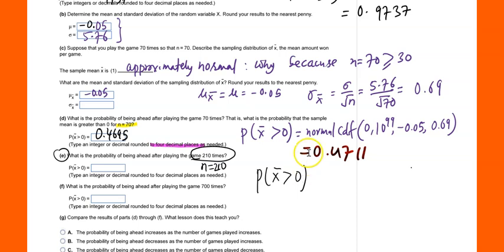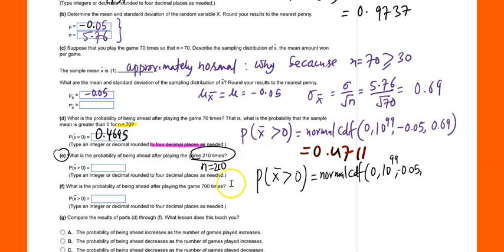Okay, but when you play 210 times, and in part D you played 70 times, now you increase the number of times to 210. What's the chance of you being ahead? You do the same thing, normal CDF on 0, comma, 10 to the power 99, comma, mean is the same thing, negative 0.05, comma.